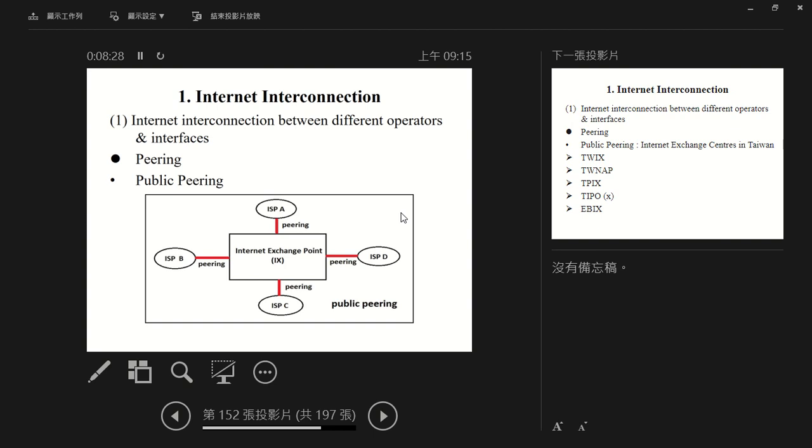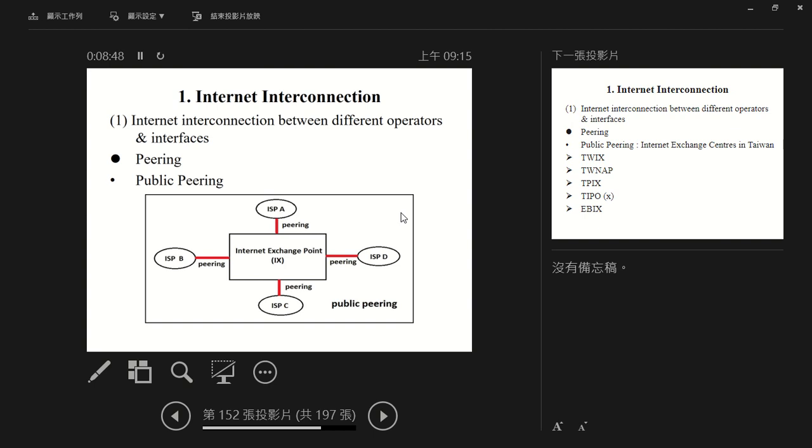Therefore, for smaller ISPs, for example, maybe ISP A is a very big ISP, and ISP B, C, D are smaller ones.